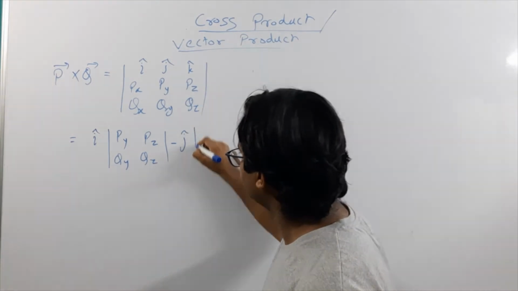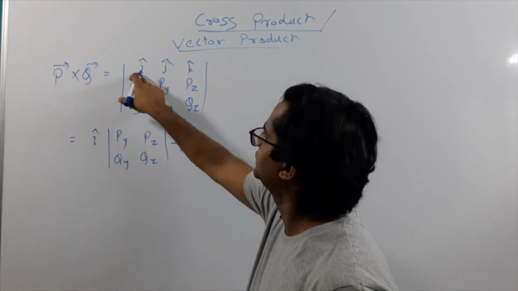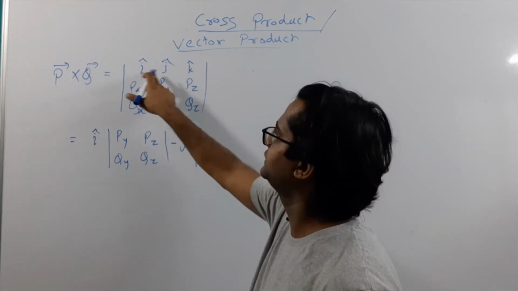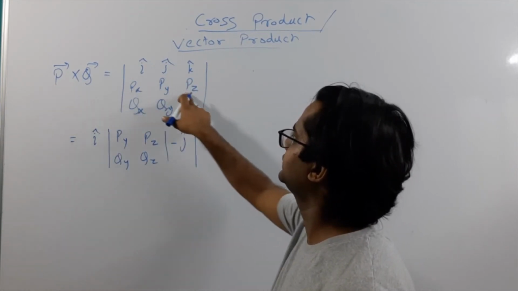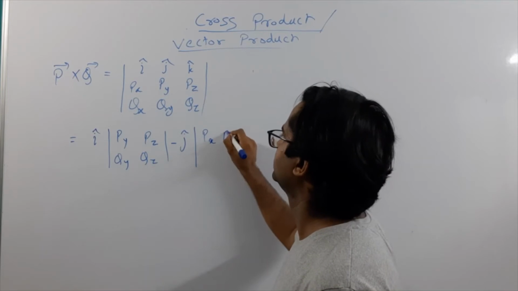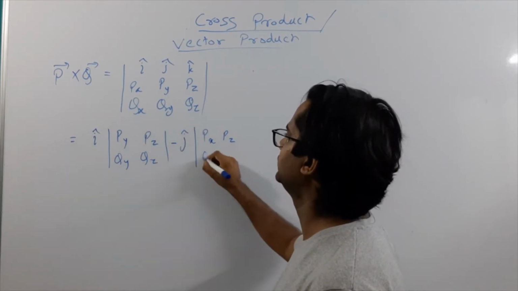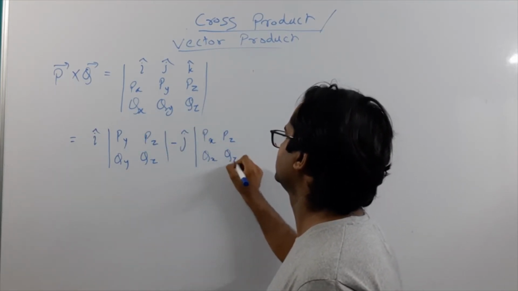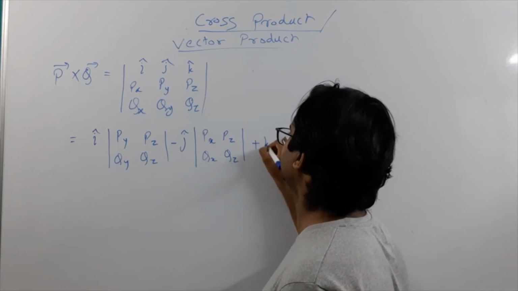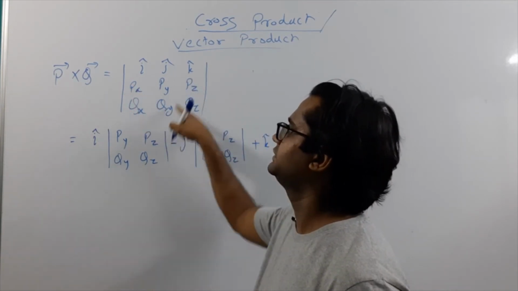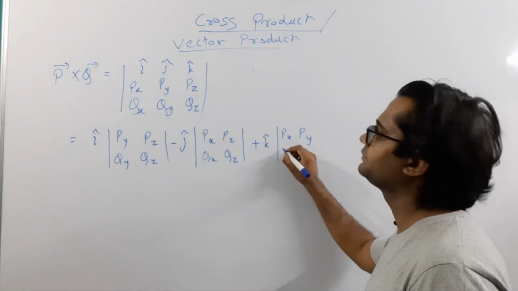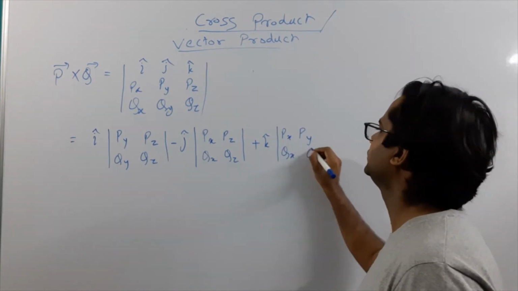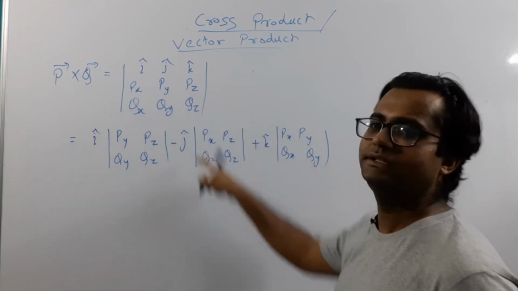Then cover the first row and second column. Then what we get is Px Pz, Qx Qz, and again the last one, k cap into these 4: Px Py, Qx Qy. This is how we expand this determinant.